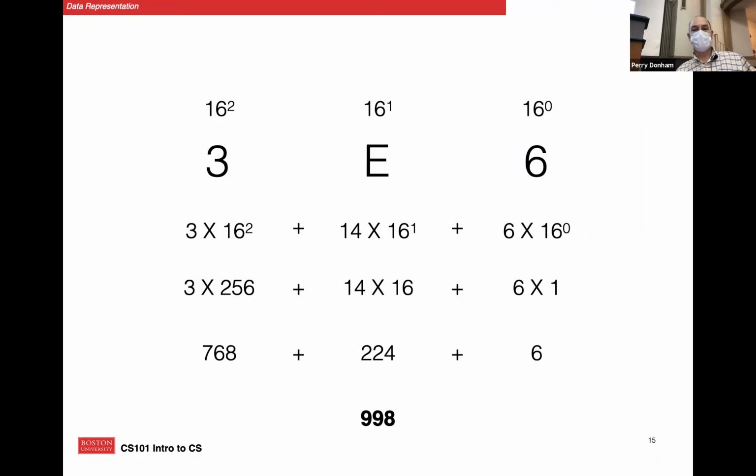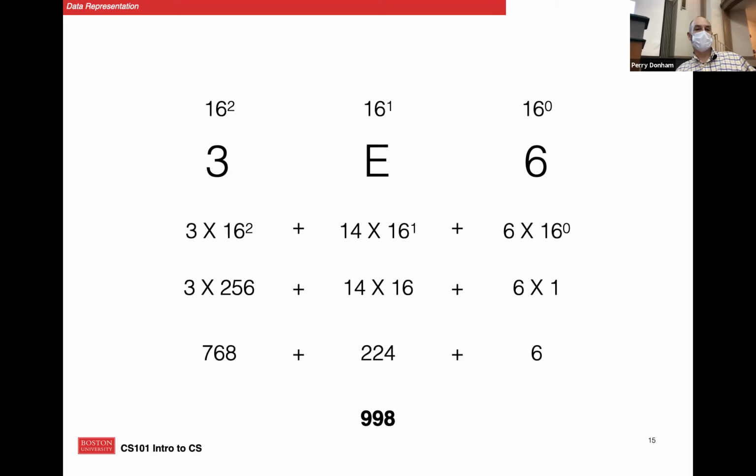If I wanted to express it in binary, how many bits would I need to express this whole thing in binary? Each digit is 4 bits, right? So I got 3 of them, I need 12 bits. And I would just write them down. So I'd write down a 6 in binary, 1100. To the left of that, you would write down 14, which is 8 plus 4 plus 2, so it'd be 1110.